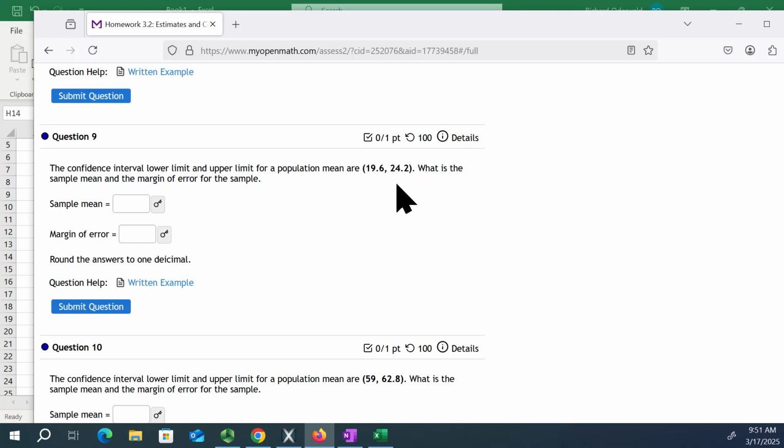What is 24.2 minus 21.9? 2.3 as well. It's 21.9 plus 2.3 and minus 2.3. If I have the ends, I can reconstruct the middle. And if I have the sample size, I can go all the way back to the standard deviation.